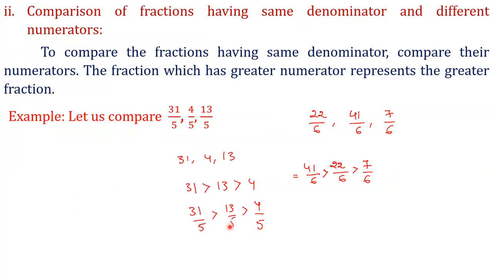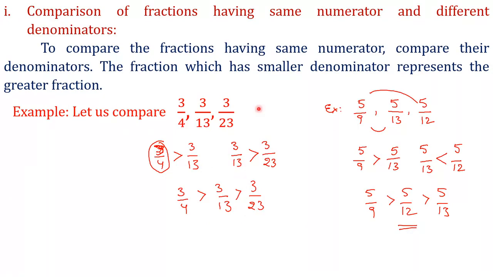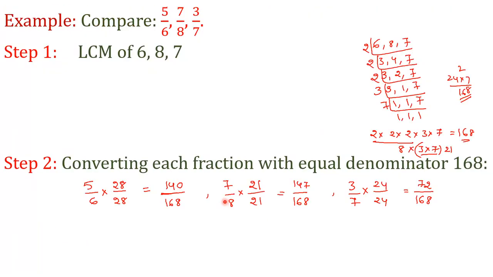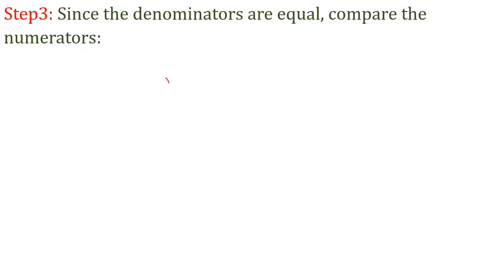So observe here, again in the previous one, comparison of the fractions which are having the same denominator and different numerators: in which the greater numerator, that is the greater one; in which the smaller numerator, that is the smaller one. So like that, here also you can find out which one is greater and which one is lesser. So since the denominators are equal, compare the numerators.